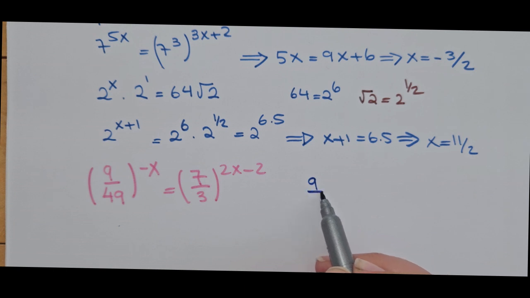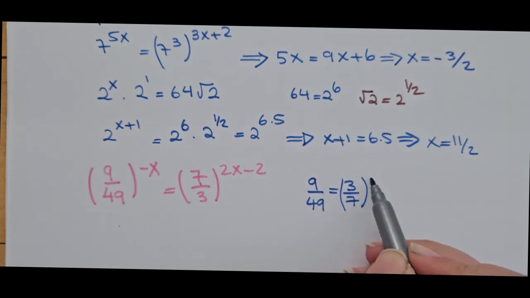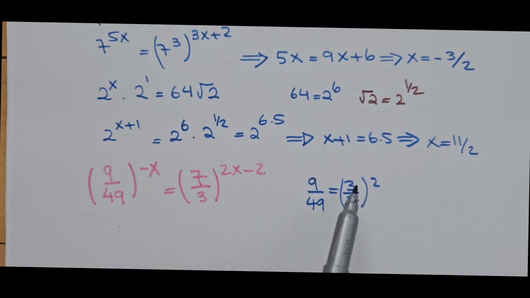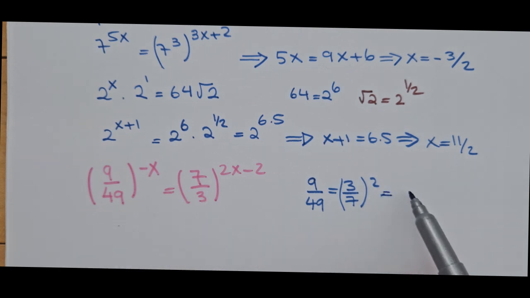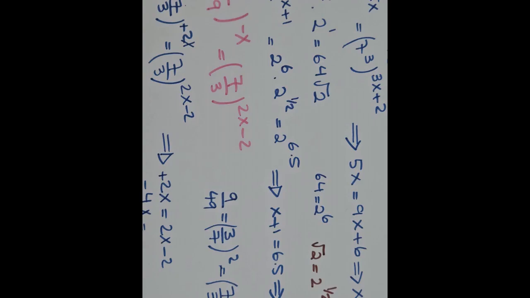So let's say 49/9, you can write it as 3 over 7 to the power 2, right? And if you compare the two sides, 3 over 7 and then 7 over 3, one of them is the reciprocal of the other one. So what I can do here, I will just reciprocate this one and then negate the power.